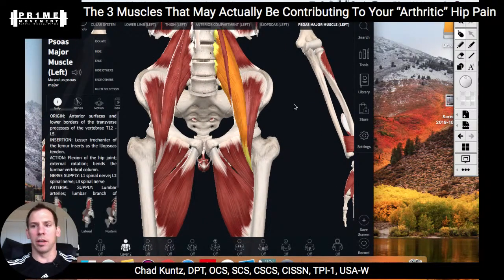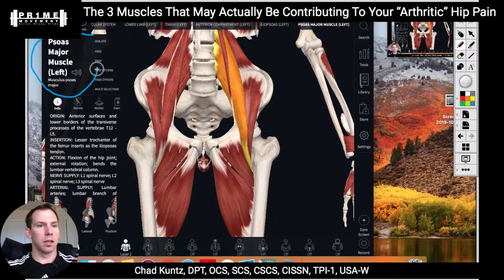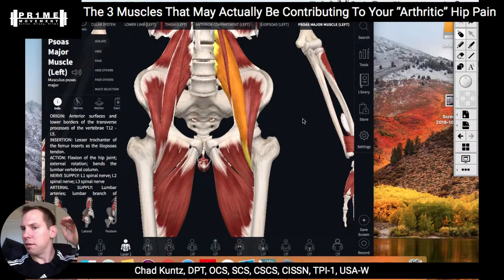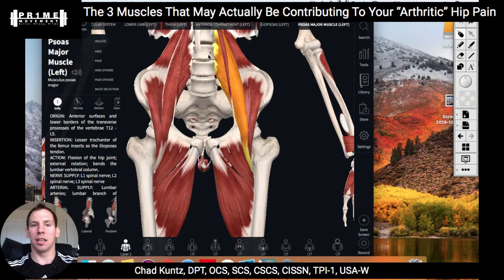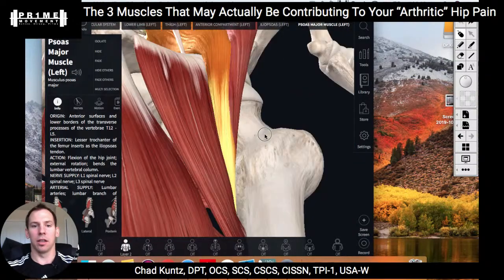So the psoas, as you can see in this top left corner over here, is one of the most commonly found muscles to actually recreate the pain in your hip. You can see that this muscle attaches to the lower spine and to the lesser trochanter of the hip.